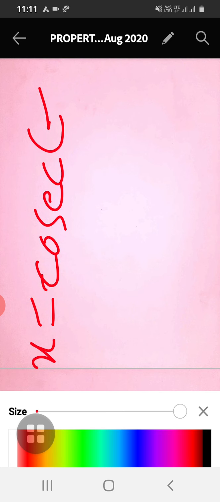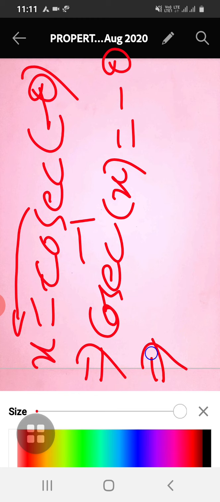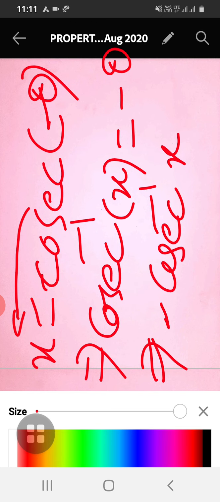You transfer this cosecant to this side. So I will get cosecant inverse x is equal to minus theta, or you write the minus sign this side: minus cosecant inverse x is equal to theta.